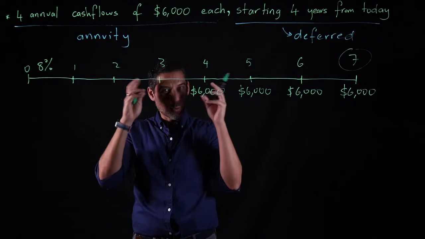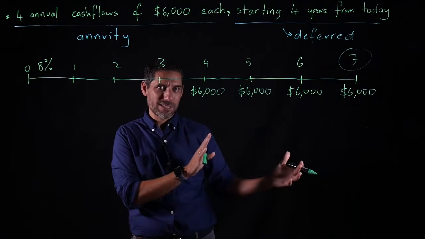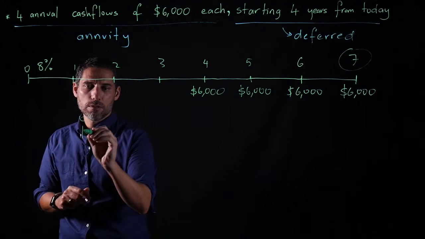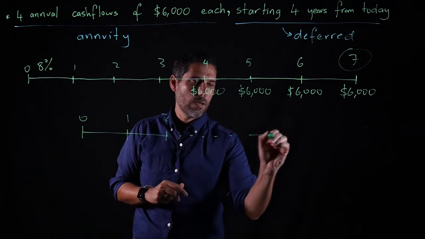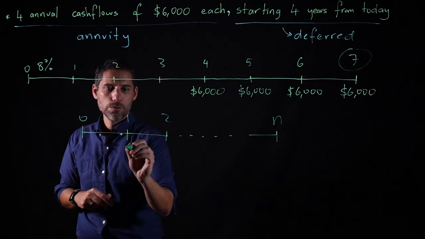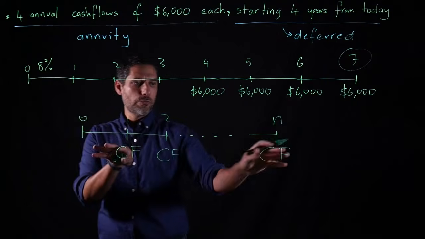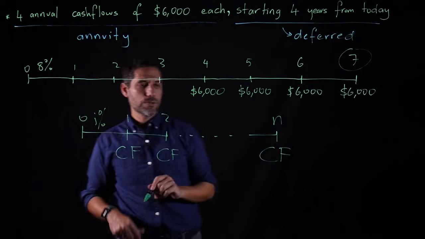So you need to sort of burn that in your brain because we're going to apply it to more complex situations. So you need to know exactly how that works. So remember this. Our standard setup is we have n cash flows, right? And this is not deferred. This is pretty standard setup. I is our interest rate.